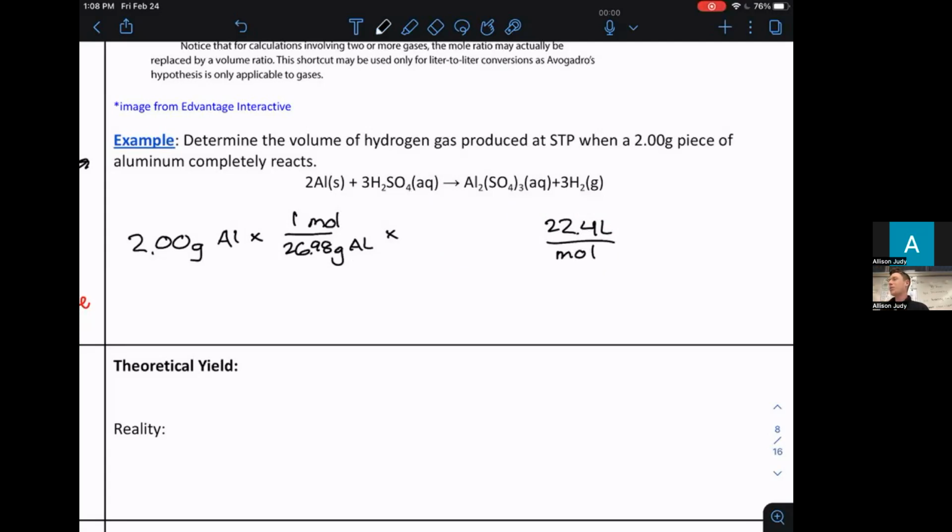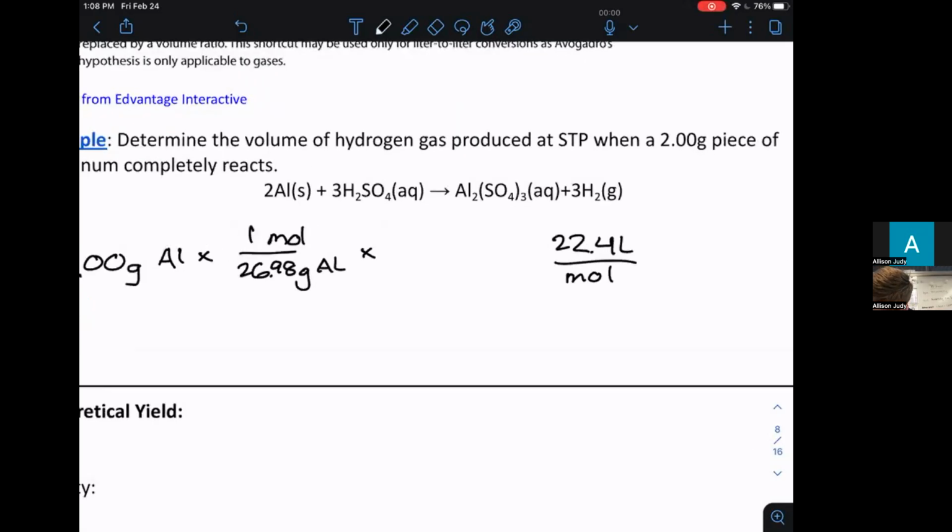Okay, to get there, very important, molar ratio. The coefficients of a chemical reaction is the molar ratio, okay? These tell you the molar ratios. For every 2 aluminum, which I'm still writing in caps for some reason, for every 2 moles of aluminum, we're gonna have 3 moles of hydrogen gas.